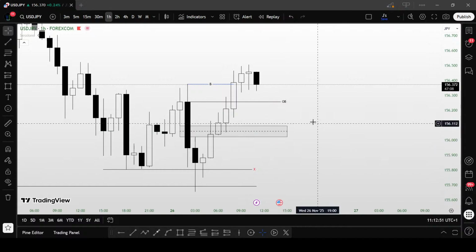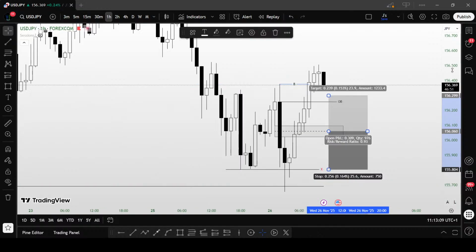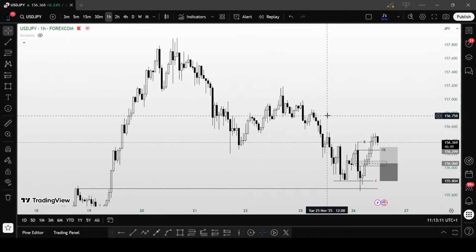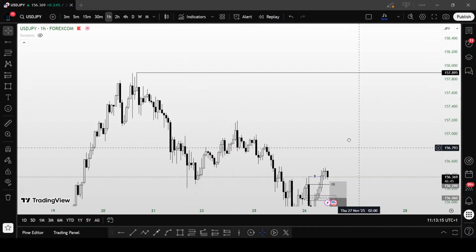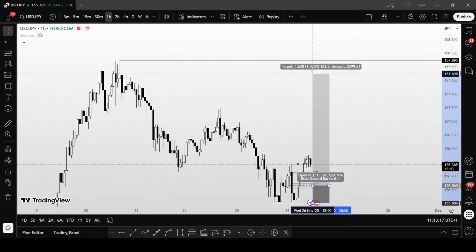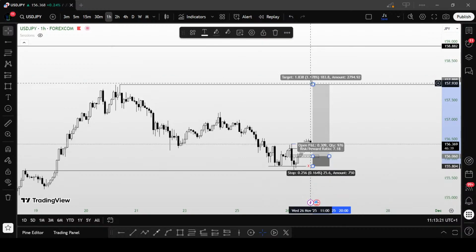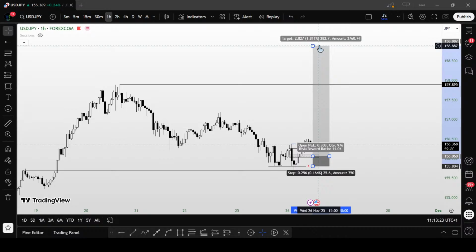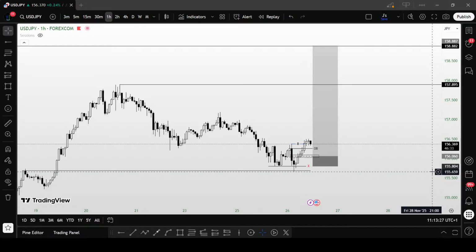So two choices: the block here, or I could trade the pips, stop loss. If you're aiming for this high, which is the number one target we have right now, we're going to end up with a 1:7. But if you aim for the overall target, we're going to end up with a 1:11.